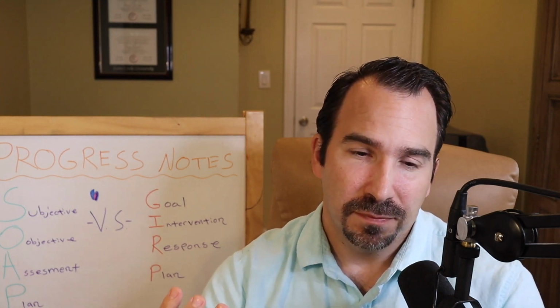Or are they not even able to engage with some of your interventions? Do they respond to redirection? Those are the things you want to outline. And so I often will toggle between doing a bullet point fashion for the response, or sometimes I'll do it in paragraph form. And either is okay as long as you're capturing what's going on there.